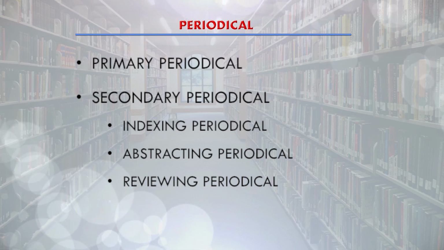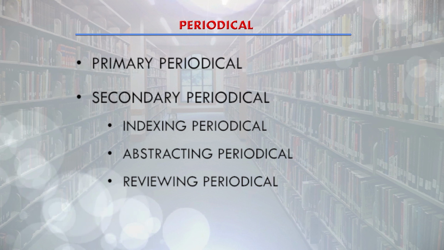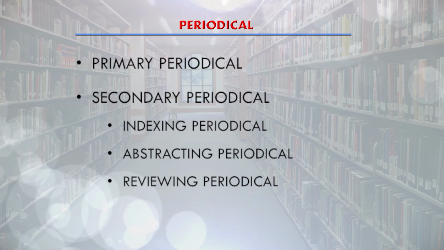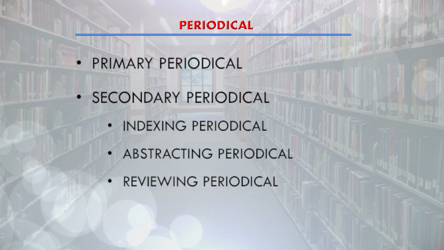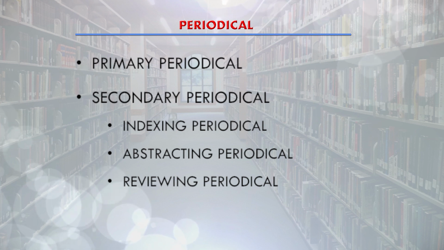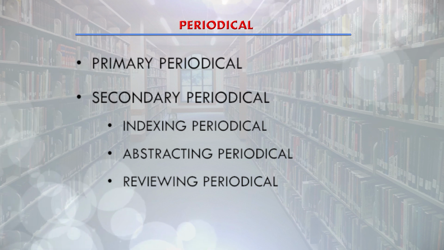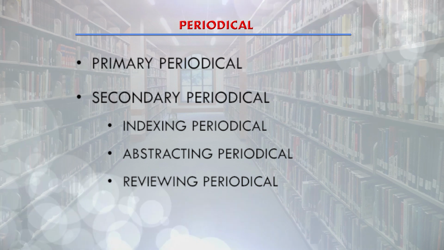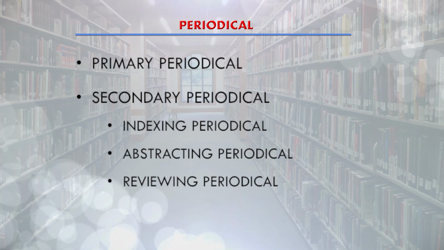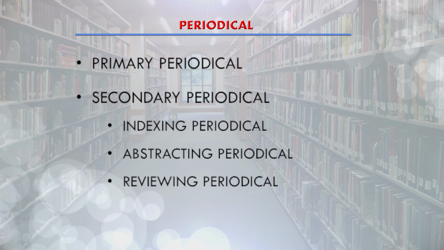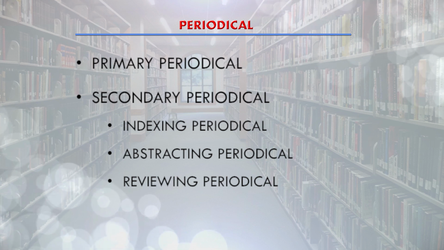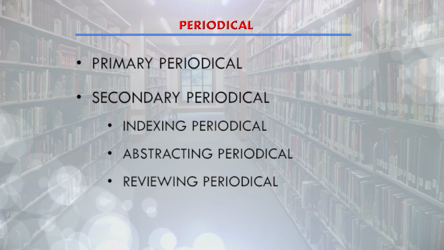Similarly, to reach the primary periodicals, we have another category of periodicals called secondary periodicals, and I provide here the different types: indexing periodicals, abstracting periodicals, reviewing periodicals. So, different types of periodicals are there which we need to acquire in a library.